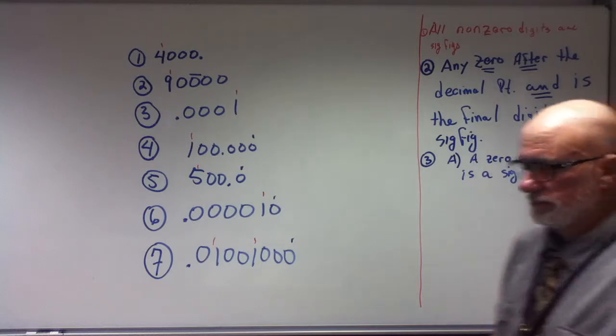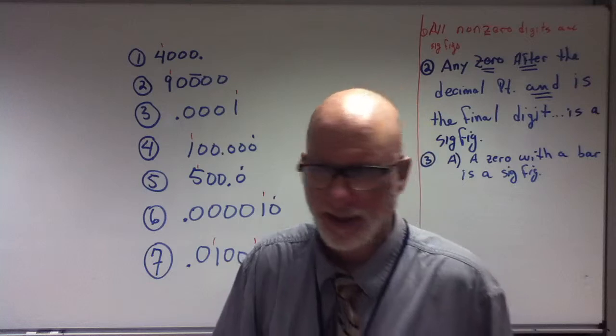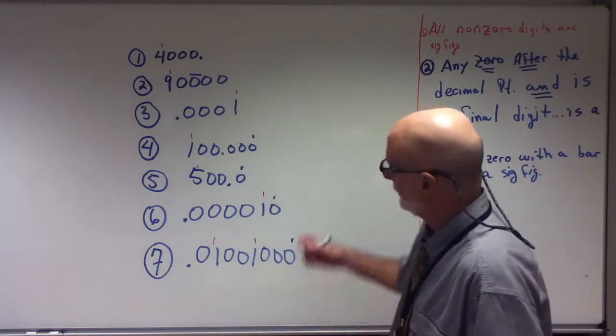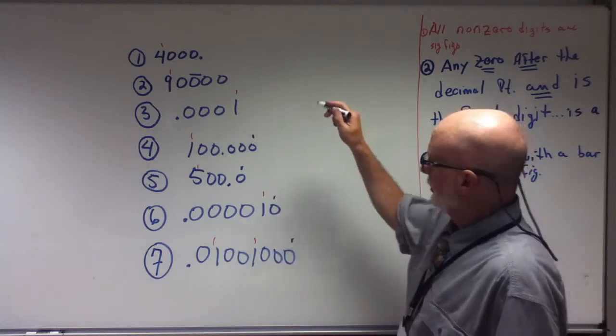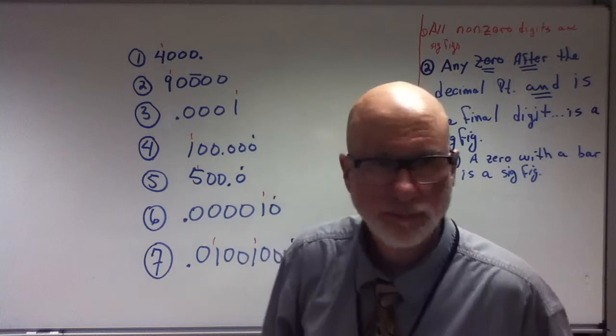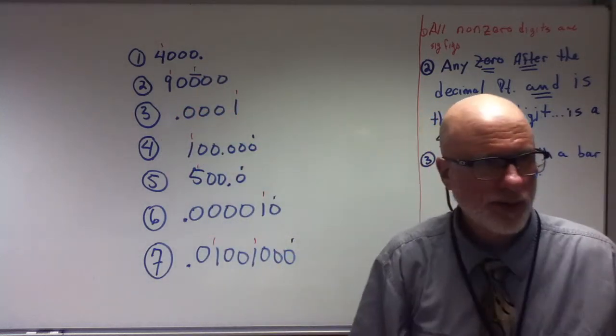Okay? A 0 with a bar is a sig fig. Any here? We'll do black. Any here? 0 with a bar. Is that one? Okay. Then I think that's it.